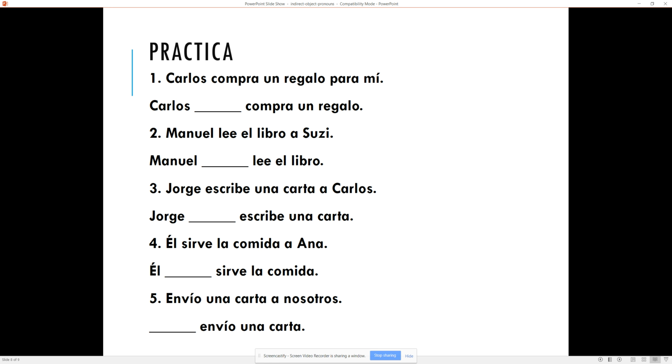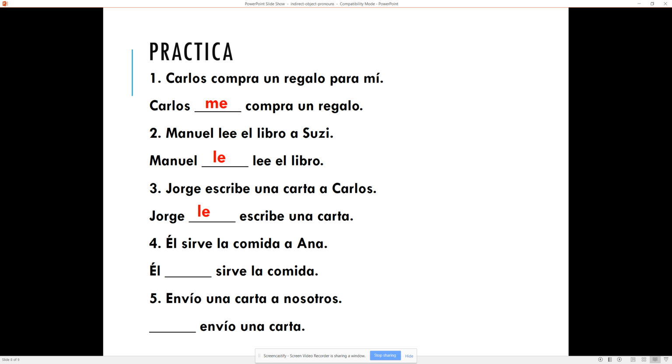One of the things we did to practice, I was showing students here in the first line, Carlos compra un regalo para mí. We were going to change the para mí to me and put it in front of the verb. Manuel me lee el libro. Jorge le escribe una carta.